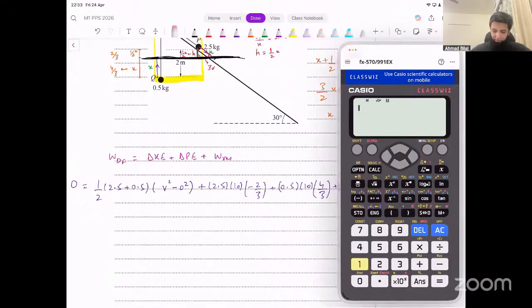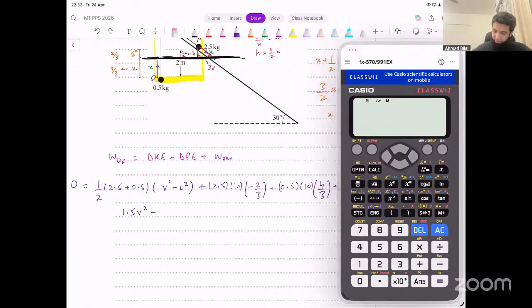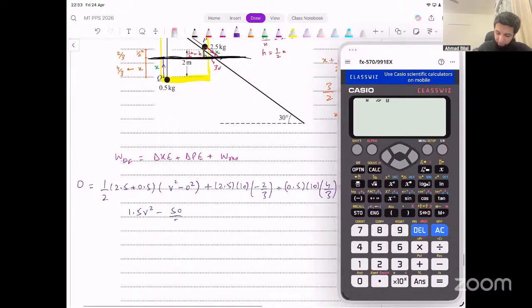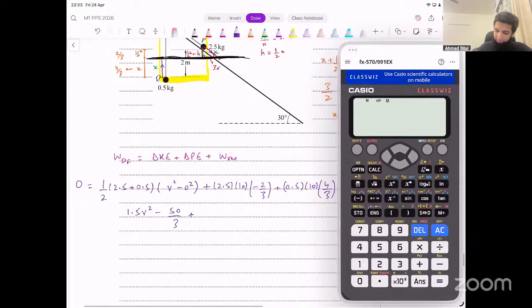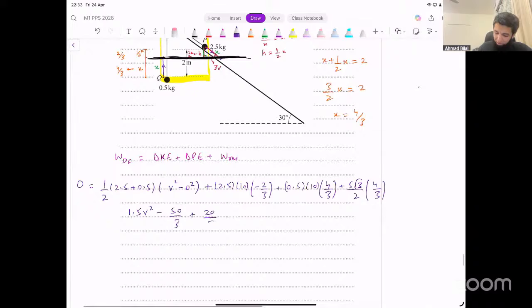Let's figure that out. 3 over 2, that is 1.5. 1.5 V squared minus 25 into 2, which is 50 over 3, plus 20 over 3, plus 20 over 2, which is 10 root 3 over 3, and that equals 0.